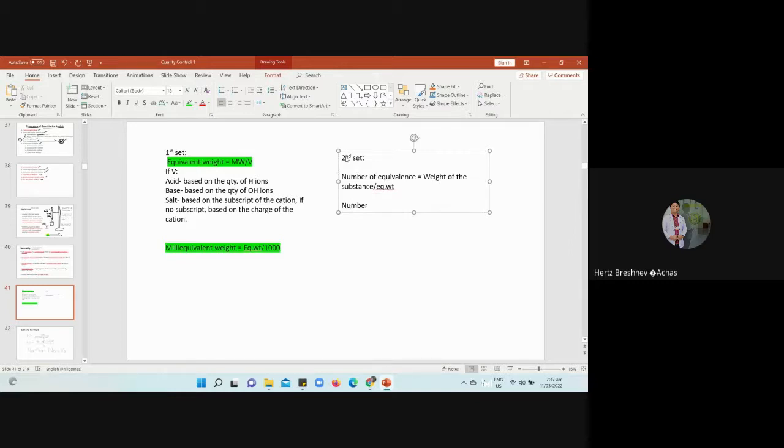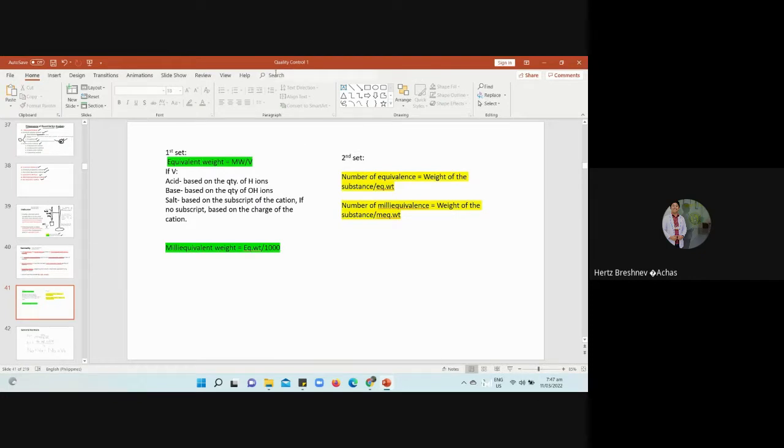The number of milliequivalents is equal to the weight of the substance divided by milliequivalent weight. Now be careful, because students usually interchange these formulas because the words are quite similar. So take note. Those are the first two sets of formula.